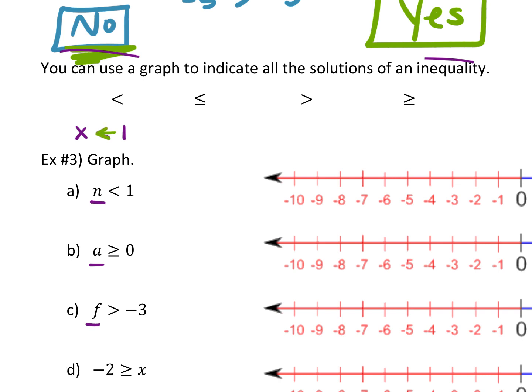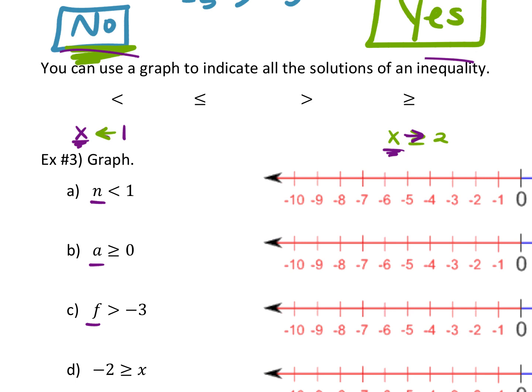Your arrow is going to point left, okay? If I said x is greater than or equal to 2, if I turn that into an arrow, my arrow is pointing to the right, okay? But hear me on this. This only works if your variable is the first thing you see, okay? So that's one thing to look out for when you're graphing.